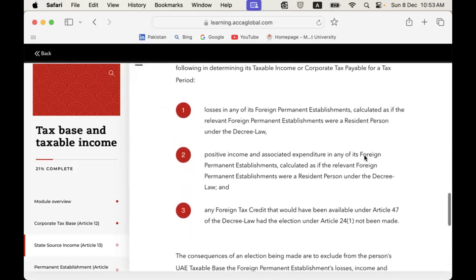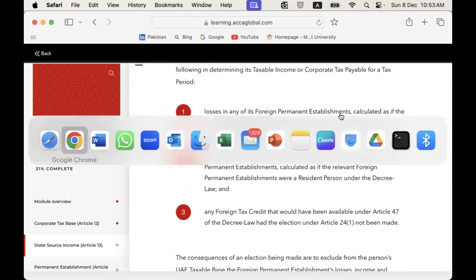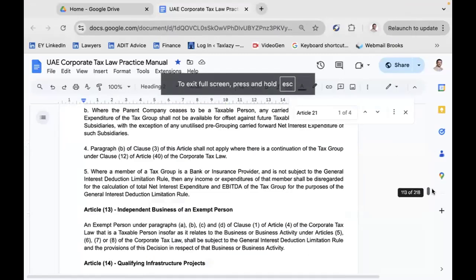Let's see. Losses in any of its foreign permanent establishments. So I think it would be a good idea if we at least know the name of the Article 24.